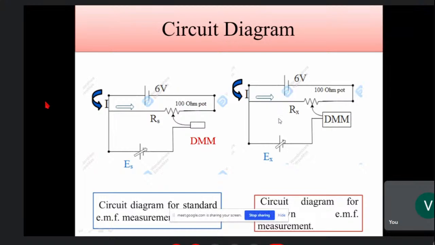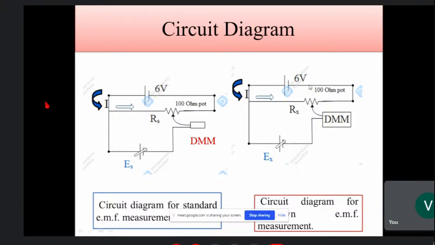So we have to study more with variable supply. I have taken one supply with 1.54 volt EMF, and one with 3.17 volt. So these are actually two standard sources, 1.54 and 3.17.